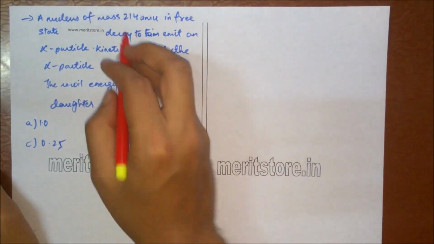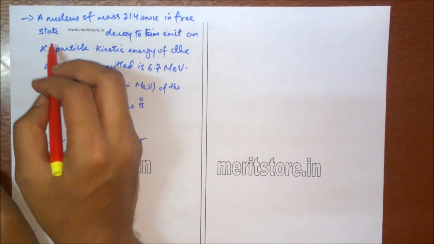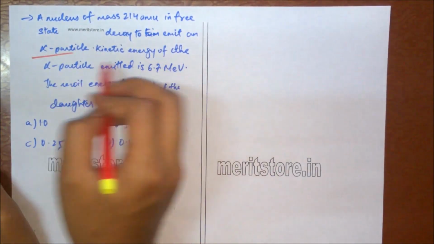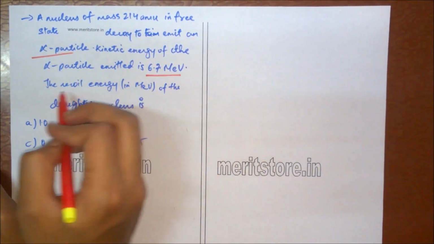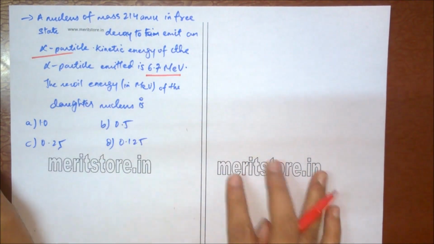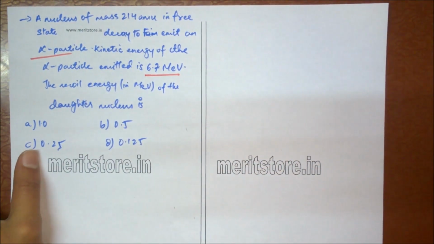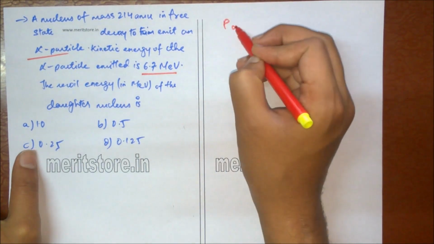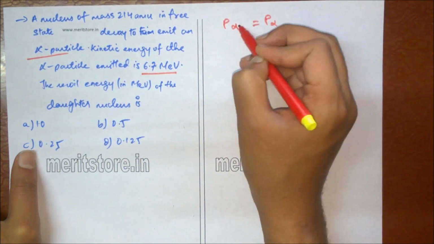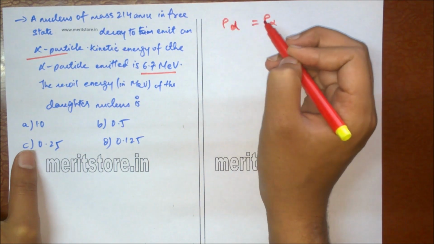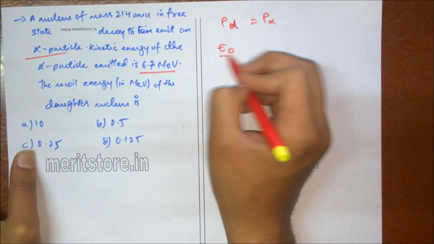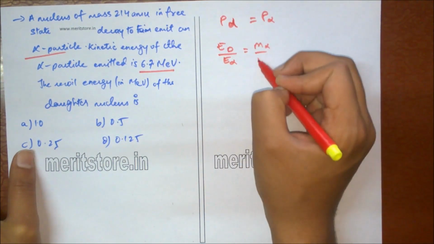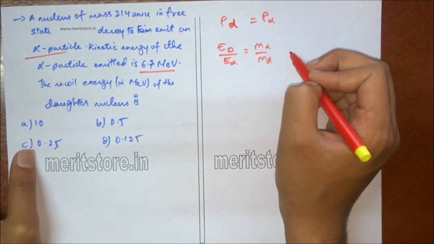Nuclei of mass 214 AMU in free state decays to emit an alpha particle. Kinetic energy of the alpha particle emitted is this. The recoil energy of the daughter nuclei is. So using conservation of momentum, P daughter is equal to P alpha. So energy of daughter nuclei upon energy of alpha is equal to mass of alpha upon mass of daughter nuclei.